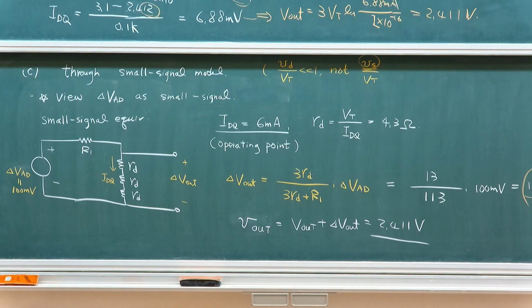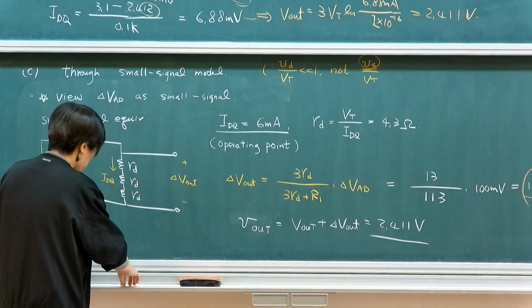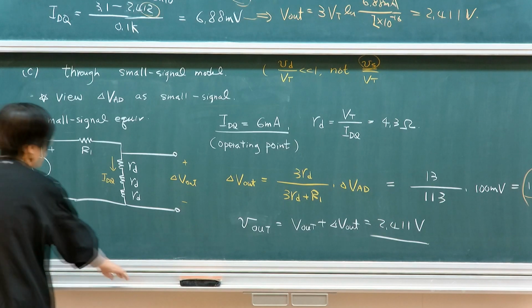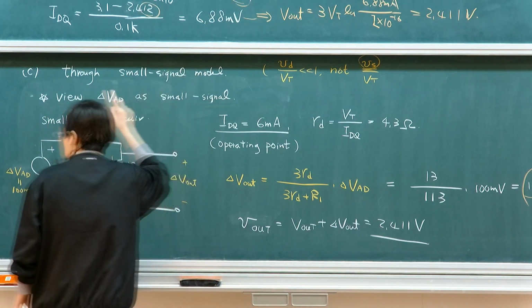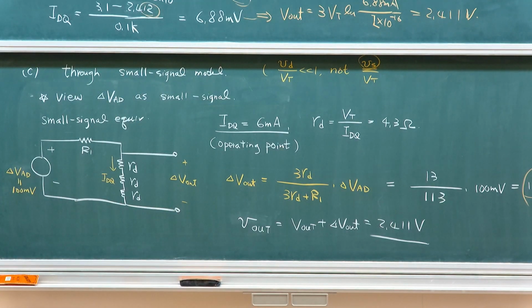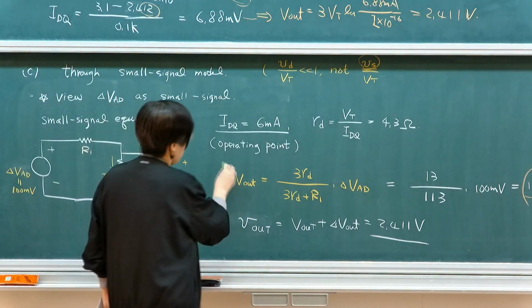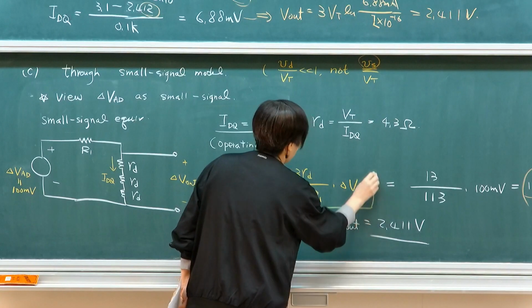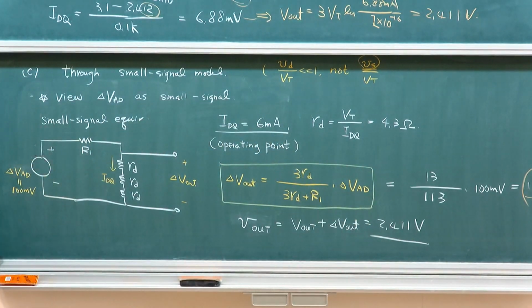Okay? So as I said, aside from getting to the same answer, what does the small signal model provide in addition? In addition to this iteration model, it provides an equation, this equation. What does this imply?